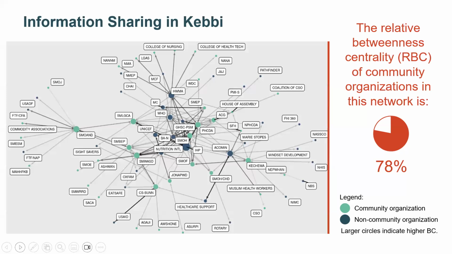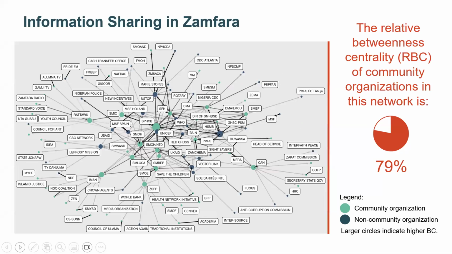Again, the green or teal dots represent community organizations in this network. The blue are non-community, and the size of the circle indicates the level of betweenness centrality. Larger circles are more central. Next, please. I'm still looking at information sharing networks, this time in Zamfara. This one at 79% is almost the same as what we just saw in Kebbi. Next, please.